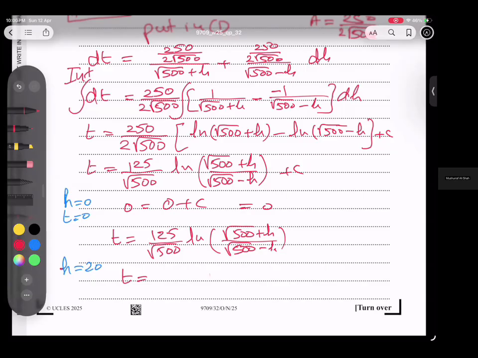So in the fraction, 125 divided by root of 500 times log of, inside the bracket we have again root 500 plus 20 over root 500 minus 20, and that's it.